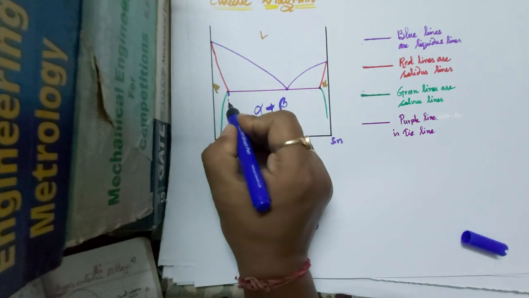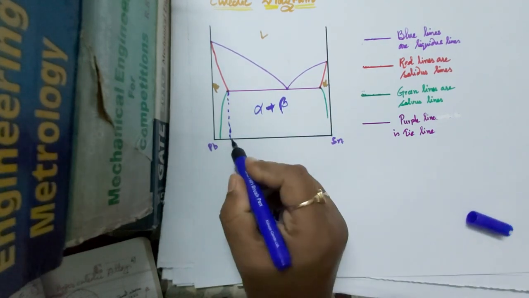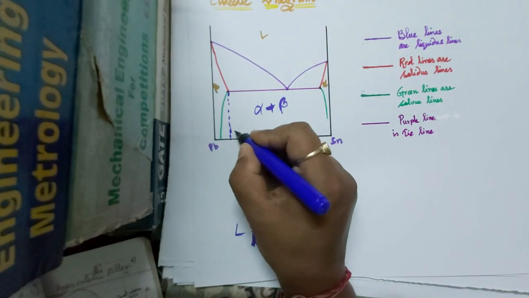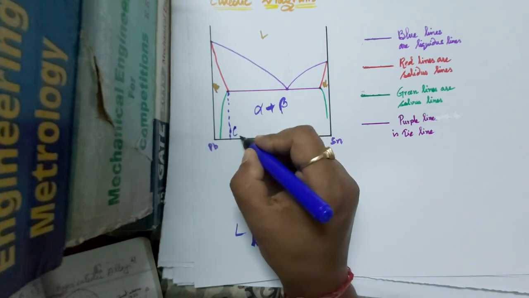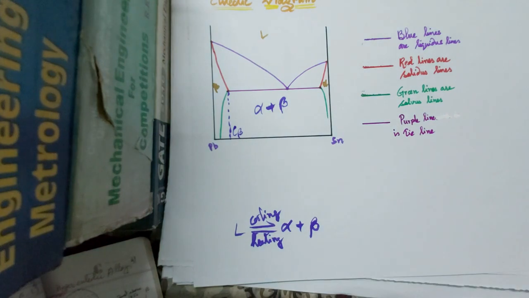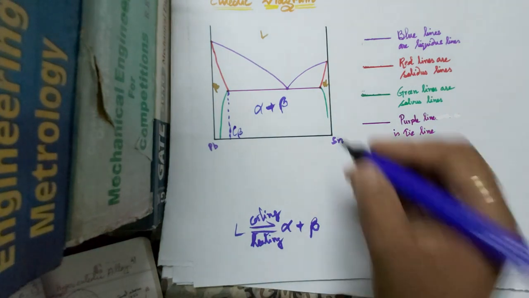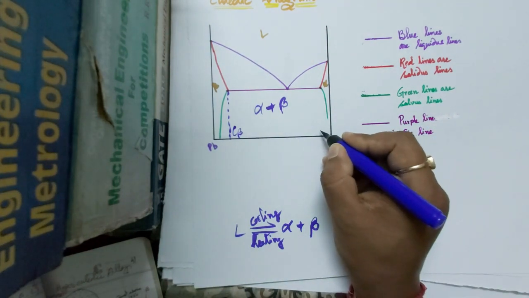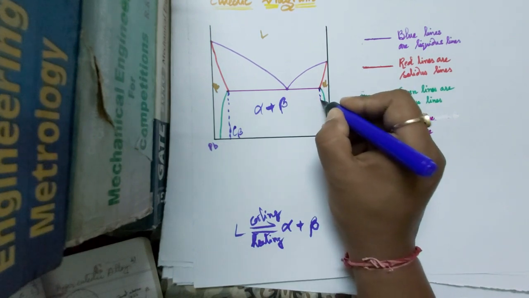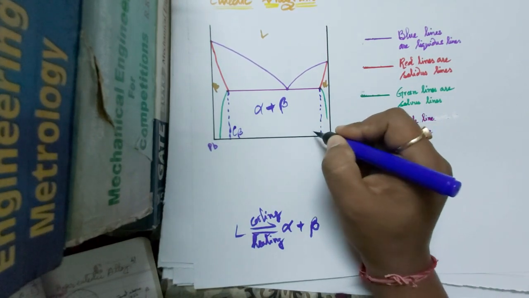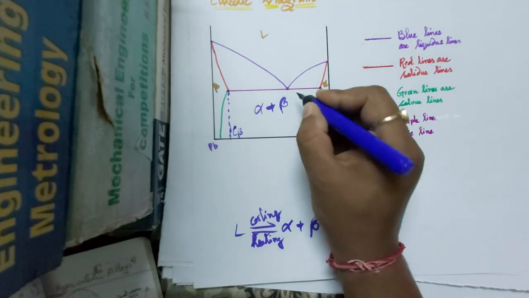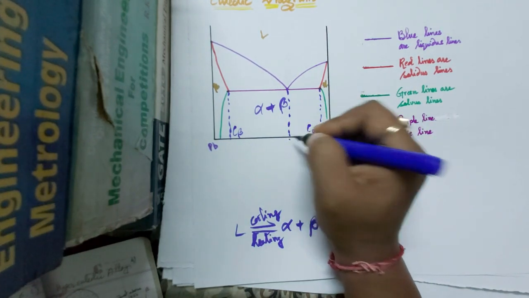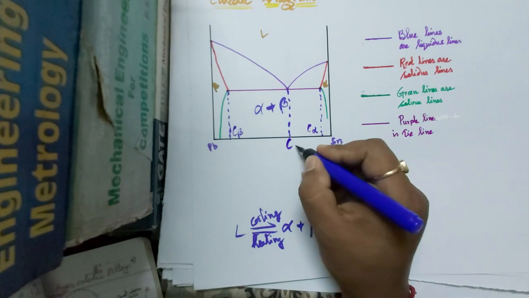We can see here we have composition C beta, here we have composition C alpha, and here we have C L.